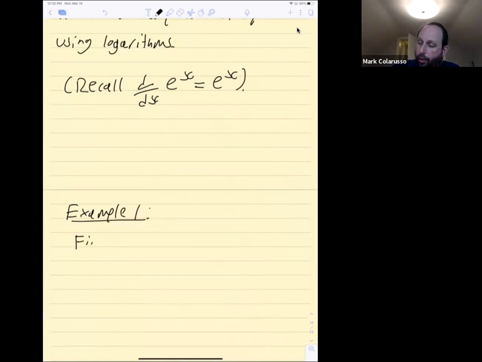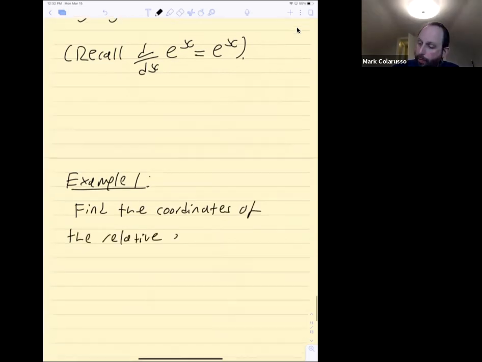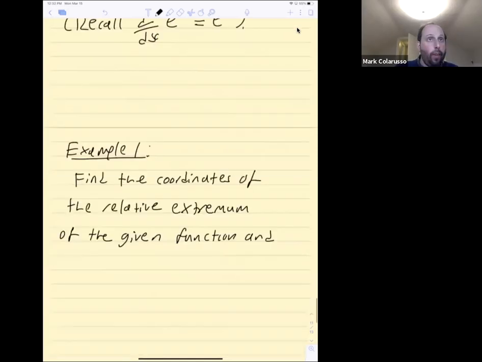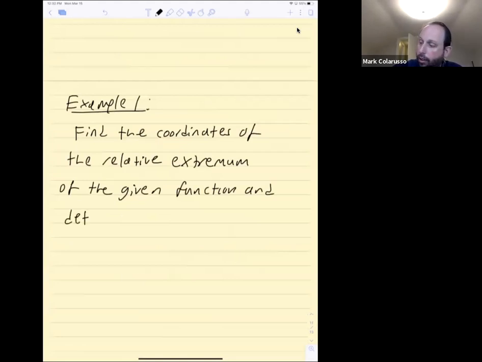So find the coordinates of the relative extremum of the given function, and determine whether that extremum is a min or max.